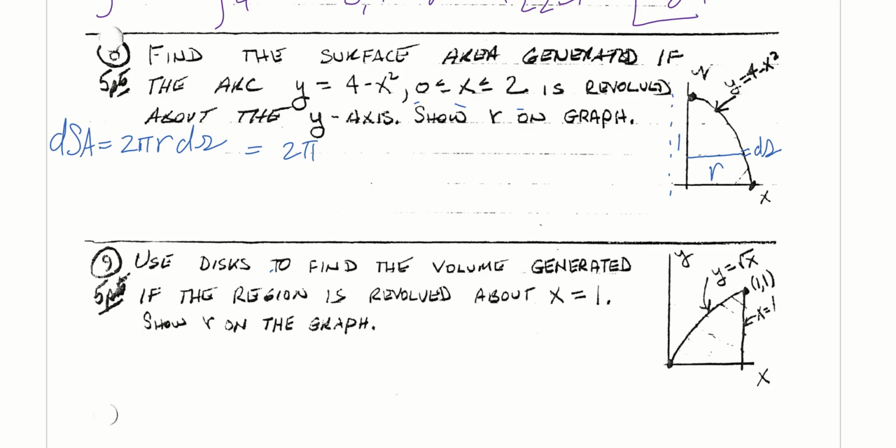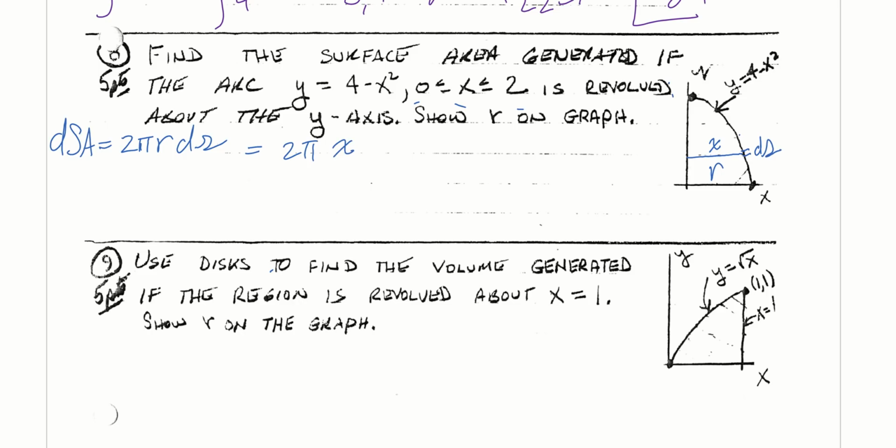If this is 1, then make sure that your radius is going to be 1 plus whatever this distance is. So in this case, radius r is going to be from the y-axis out, which is x. But again, if you have the axis over here, it would be x plus whatever it is for your radius.